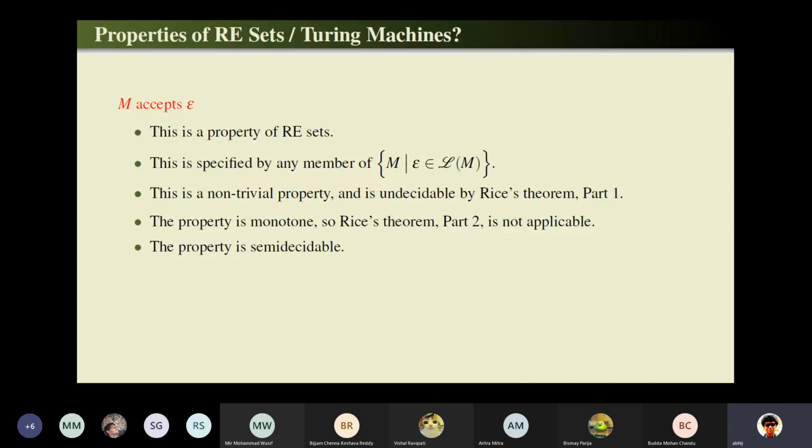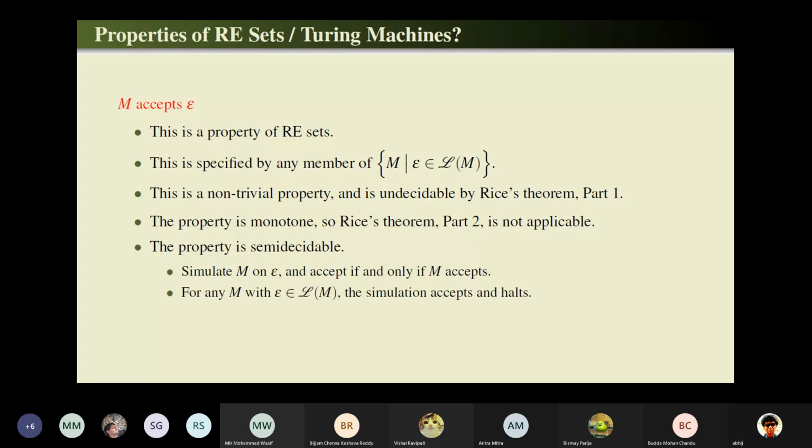So how can you semi-decide it? Simply simulate M on epsilon and accept if and only if M accepts. Therefore, if epsilon is in the language of M, the simulation accepts and halts. Whereas, if epsilon is not in the language of M, then the simulation may halt in the reject state or loop.